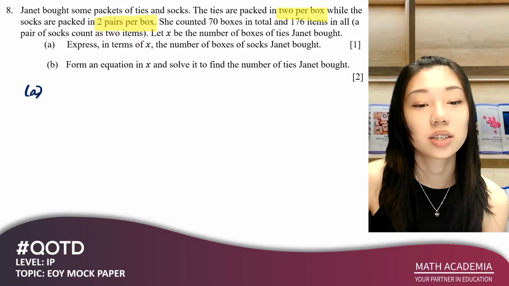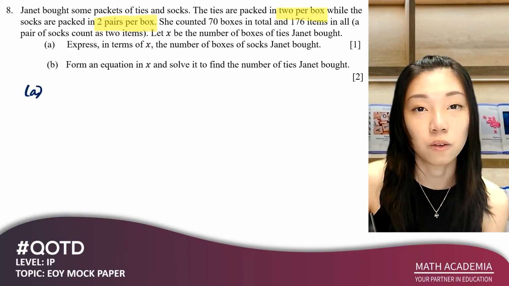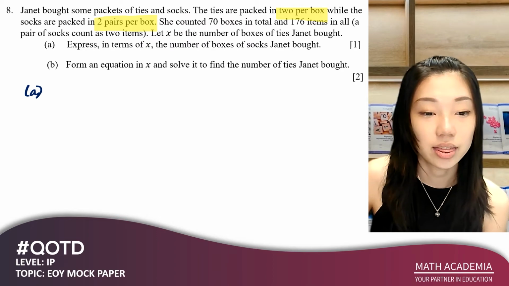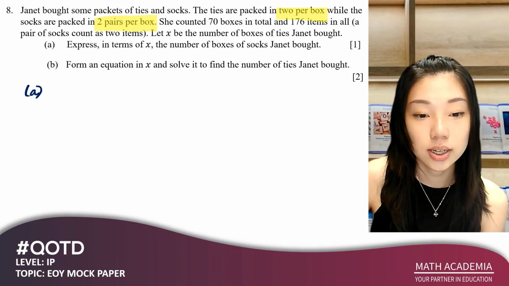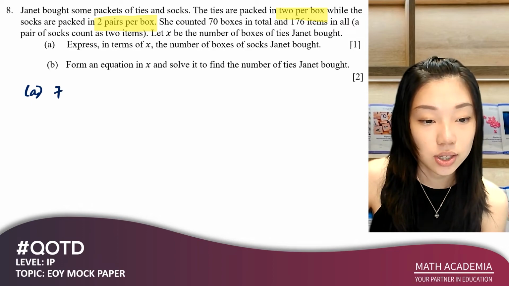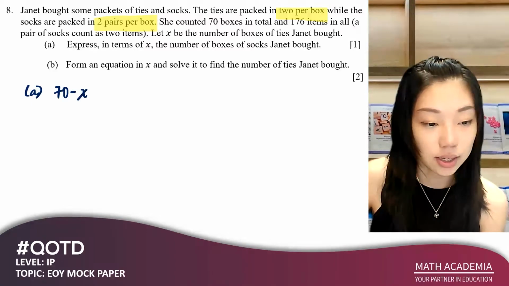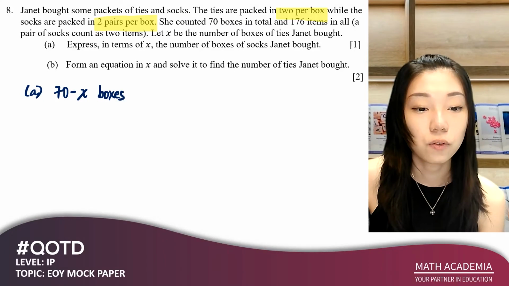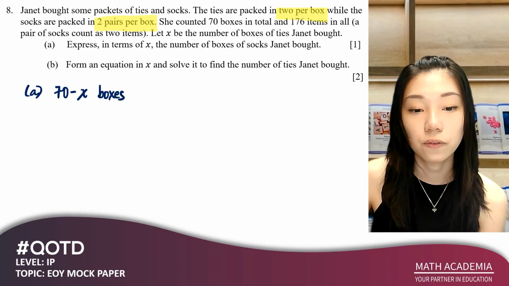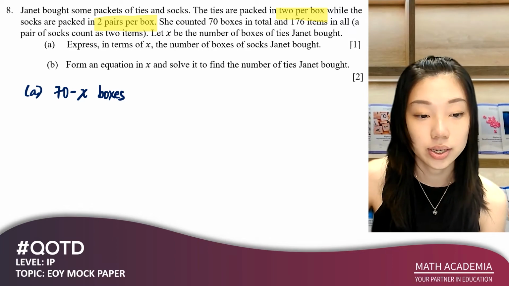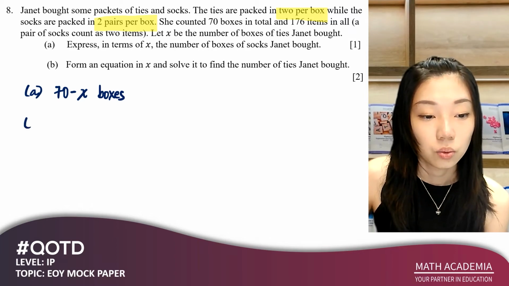If Janet bought x number of boxes of ties and there are 70 boxes in total, the number of boxes of socks would be 70 minus x. Okay, so for part B, they want me to form an equation in x and solve it to find the number of ties Janet bought. What do we know?